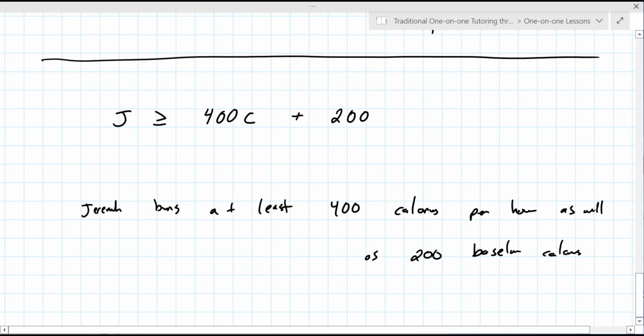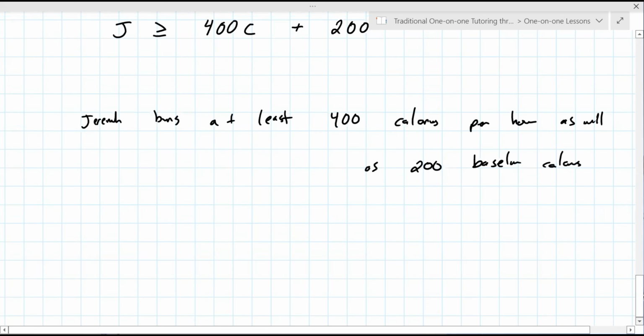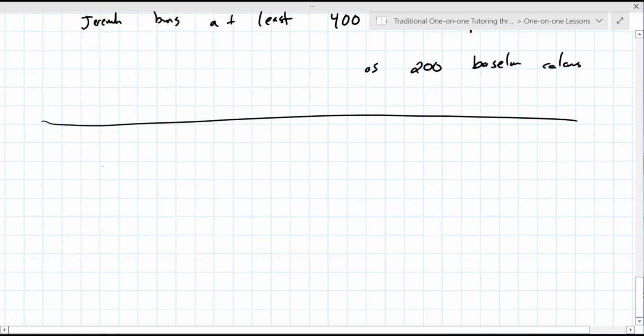So you have to be able to convert these inequalities into words. Now I want to give you a shortcut. This symbol means less than, but it sometimes means at most.